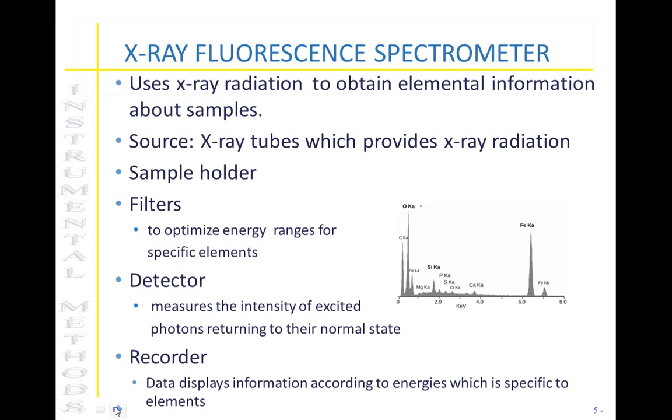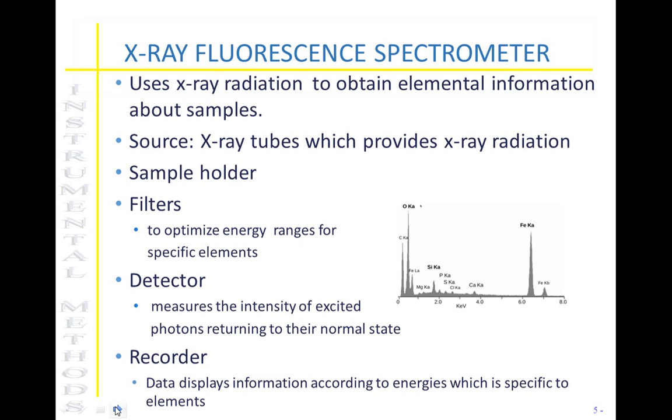An X-ray fluorescence spectrometer takes advantage of X-ray radiation to obtain elemental information about the various samples. So an X-ray tube is what's going to supply the radiation to the sample itself. Depending on the instruments, your sample holders can change slightly, and also depending on the sample, different filters can be used to optimize the energy levels.